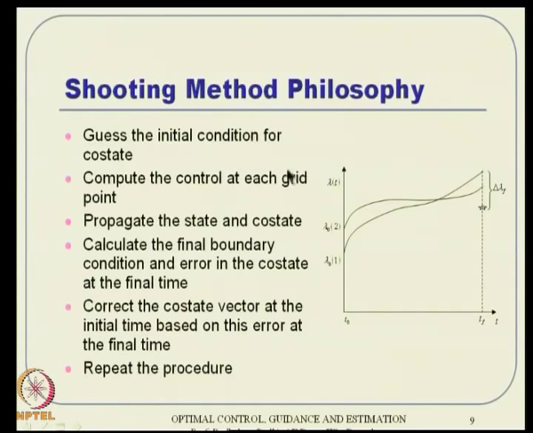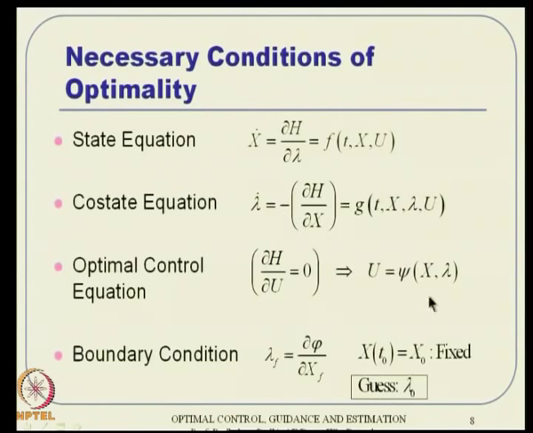So, to summarize, guess the initial condition for the co-state first, and compute the control at each grid point, because once you have lambda 0 you have x 0. So, u 0 is nothing but a function of x 0 and lambda 0. Once you have u 0 you can get x 1 from here. Once you have x 1 and lambda 1, integrating these two equations together, you can calculate u 1.